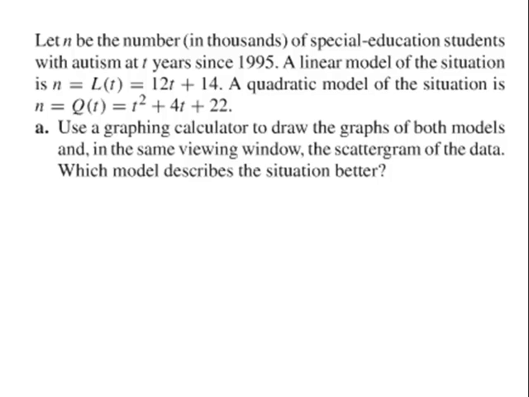A quadratic model of the situation is n equals q of t, which equals t squared plus 4t plus 22. A. Use a graphing calculator to draw the graphs of both models and, in the same viewing window, the scattergram of the data. Which model describes the situation better?